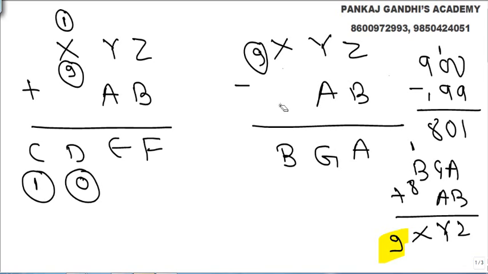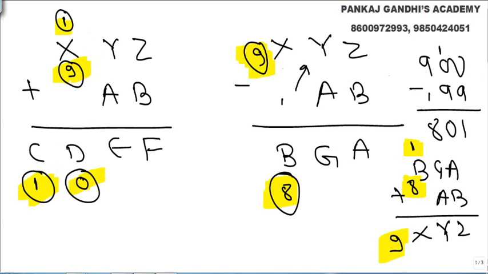If Y is greater than A, we will get B as 9 again, but X and B both cannot be 9, which means Y was less than A. One carry went from this side, one went this side, and it became 8. Just explanation I have shown here. Minimum this number is 900, maximum 99, then also 801, which is as good as BGA plus AB is XYZ.